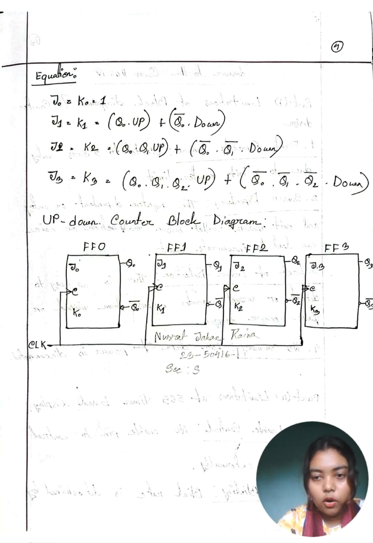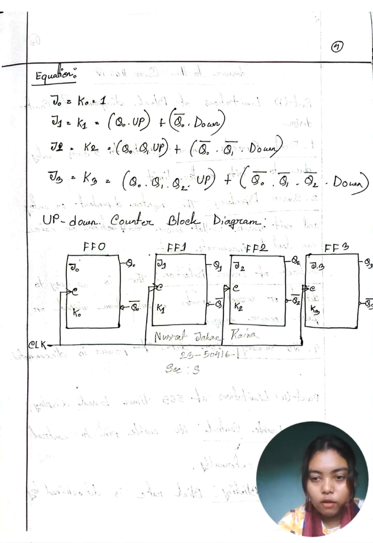The equations for J2, K2 and J3, K3 become progressively more complex depending on the previous flip-flop states: Q0, Q1 for FF2, Q0, Q1, Q2 for FF3, and the up-down control signals, implementing the standard logic for a binary synchronous up or down counter.